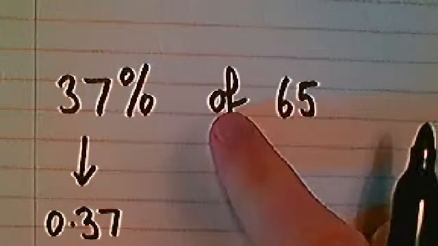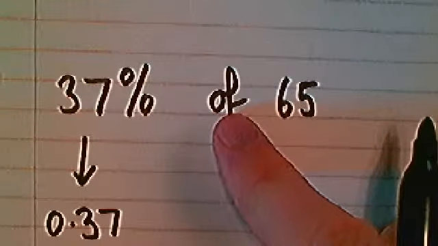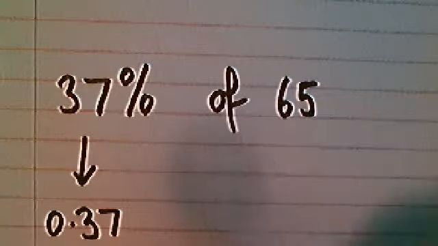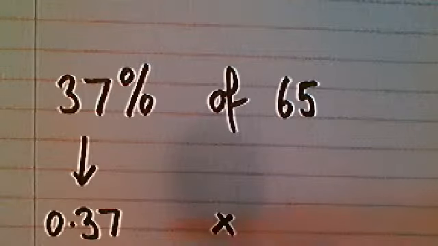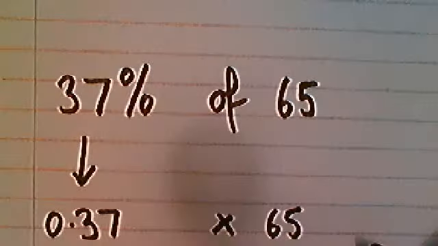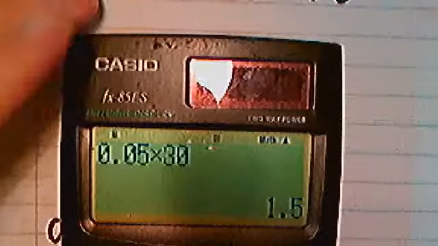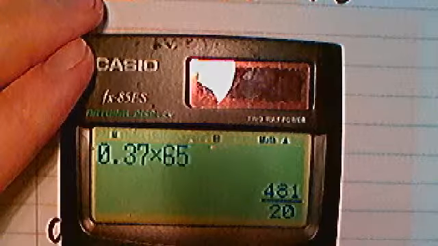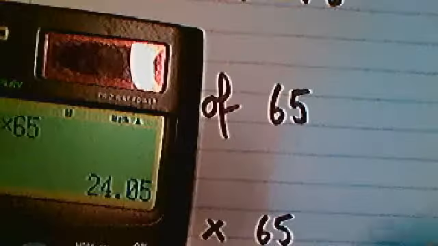And whenever you see of in maths, of is another way of saying multiply by. So 0.37 times 65 equals 24.05.